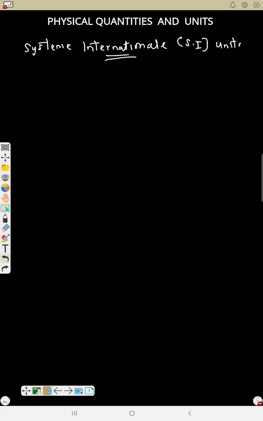So the international system of measurements, that is the SI, generally accepted and agreed on some units as standard units of measurement. These units are called the SI units. When the body agreed on a certain unit, then it is called the SI unit.